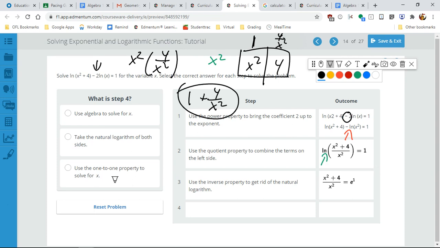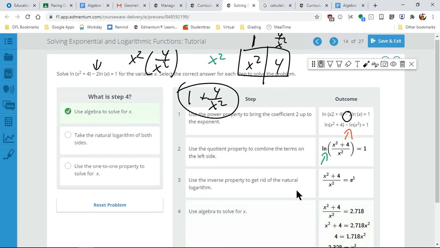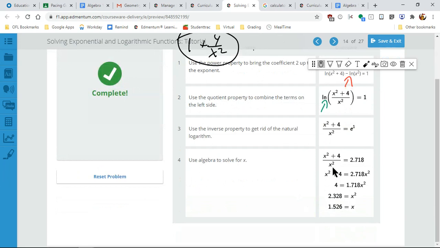But let's see how they do it. So they say one-to-one property. That's not it. They're not both by an exponent. They're not both by a log. Take the natural log of both sides. Why? We just got rid of the natural log. So we're going to use algebra to solve for x. And they solve it by, I guess that makes more sense than what I was doing.